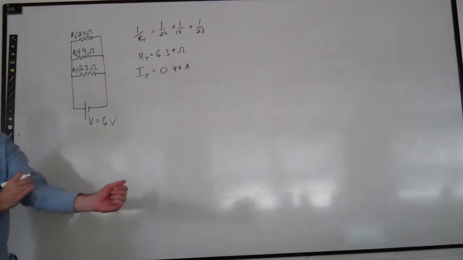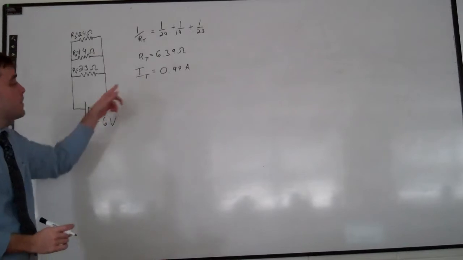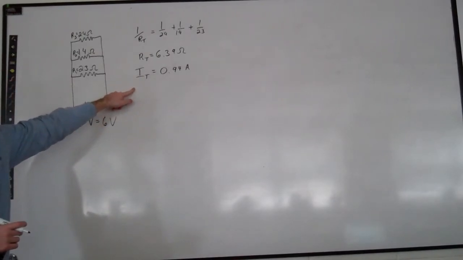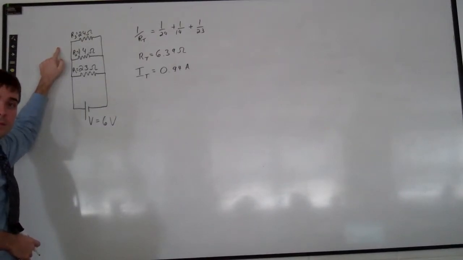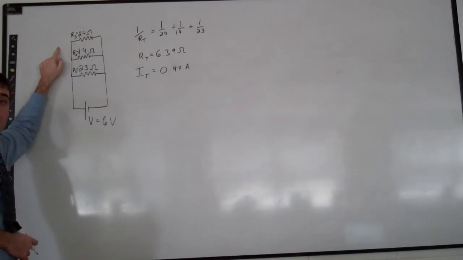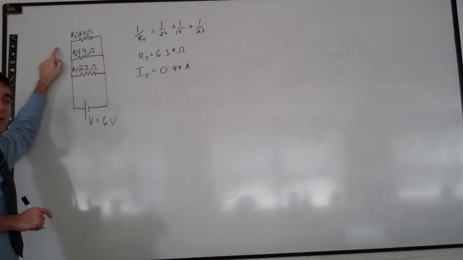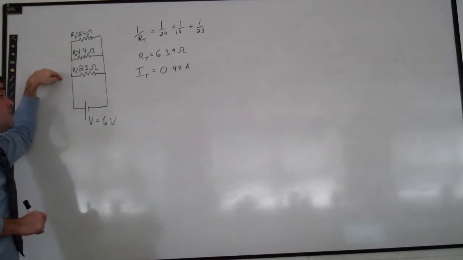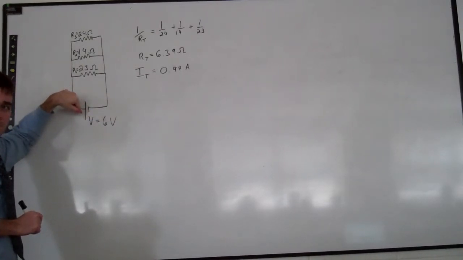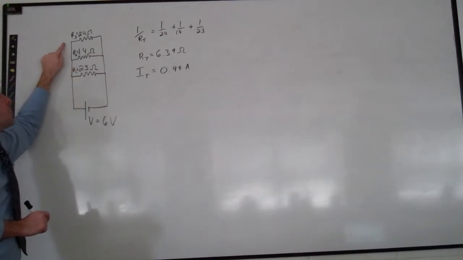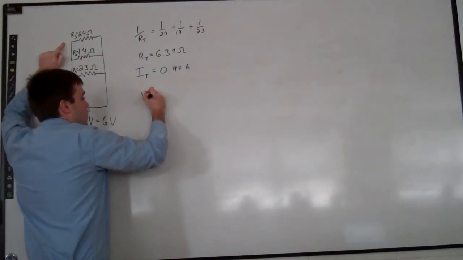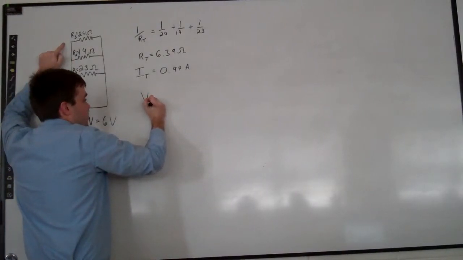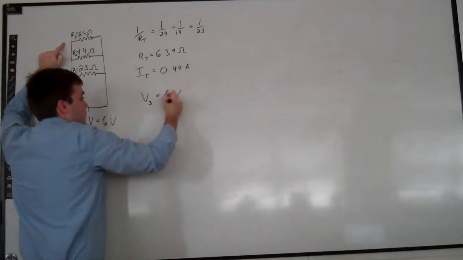You guys are gonna be mad at me in 1 second here, but that's okay. Cool. Alright, it's different. So what's the voltage through each branch in parallel? The same. Okay, so the voltage across each branch is 6 volts. Does that make sense to everybody? So what's the voltage across R3 then? 6 volts. So voltage 3 is 6 volts.